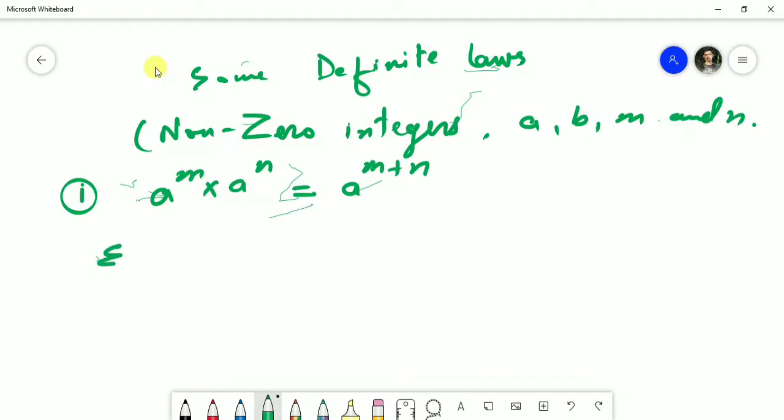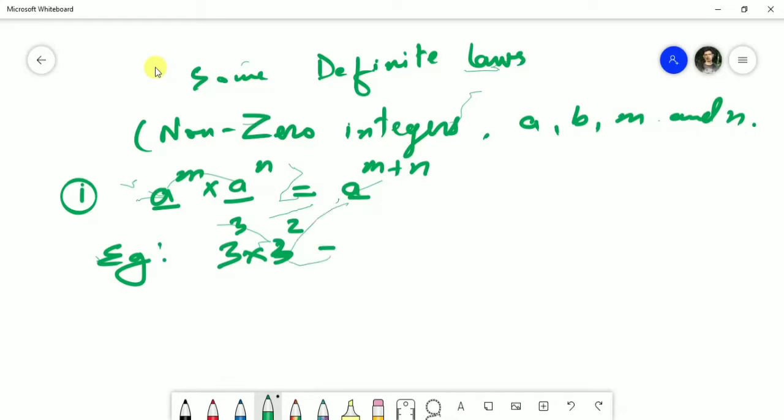Example, suppose 3 squared into 3 squared. You see, this is a and this is also a, so both should be the same. Then only we can follow this formula. Otherwise, we can't apply this formula.